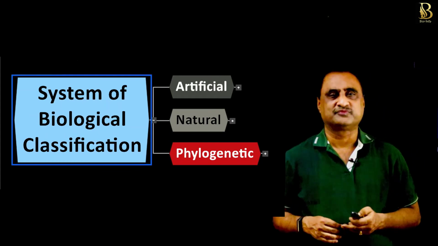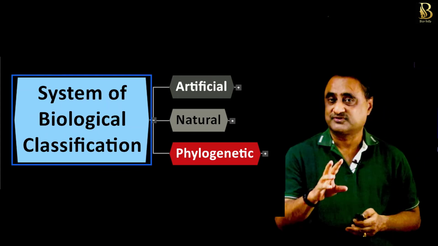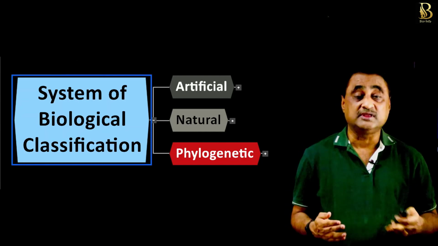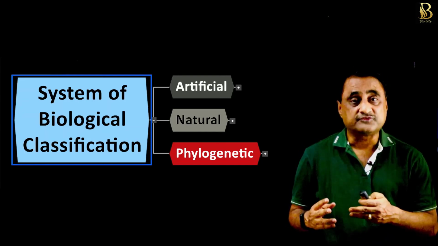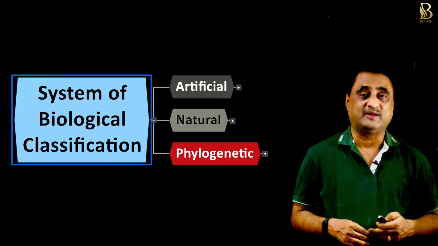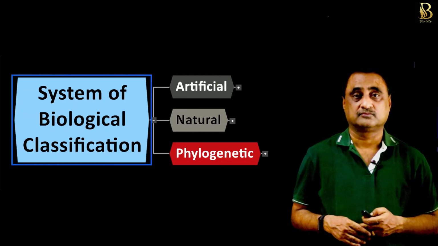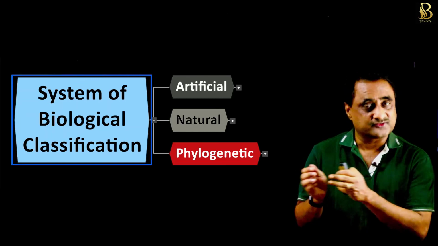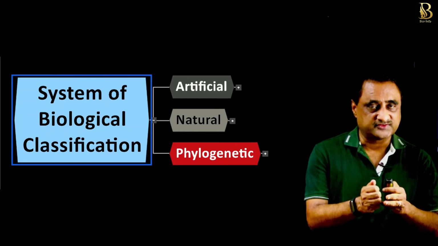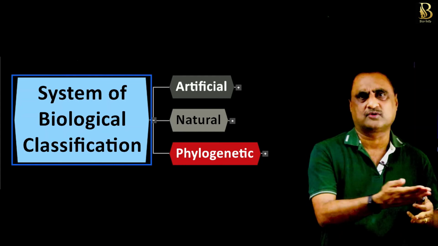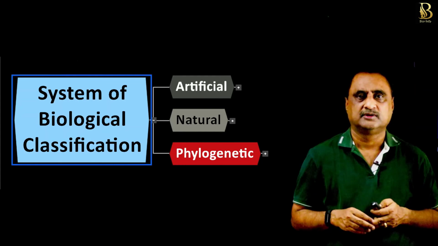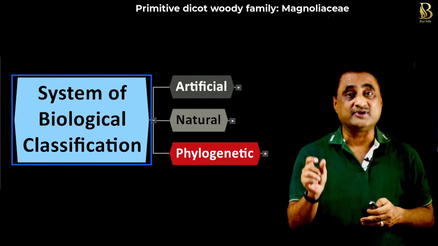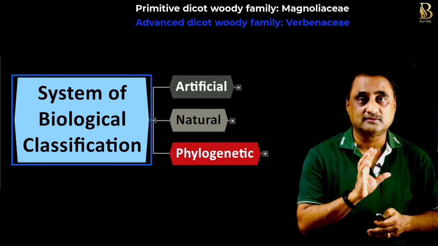Before I conclude, I would like to discuss one more thing with you, and that is which are the primitive families and which are the advanced families, which is often asked. In the case of dicot, we have woody and herbaceous, and in the case of monocot, of course, they are herbs only. The most primitive woody family is Magnoliaceae.